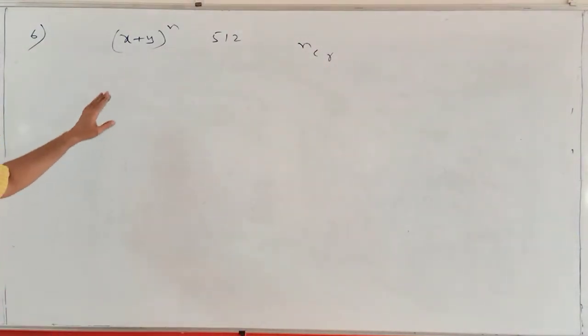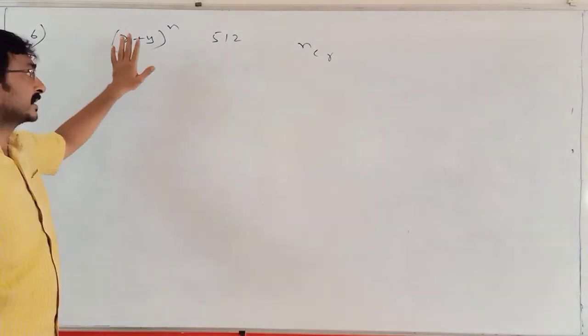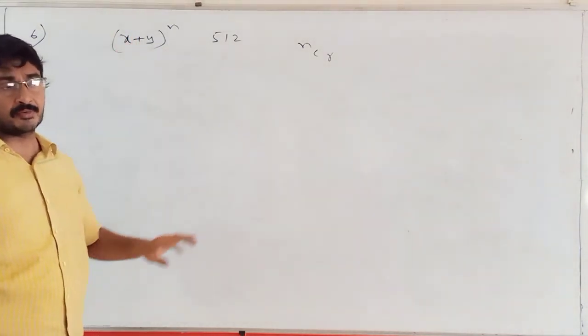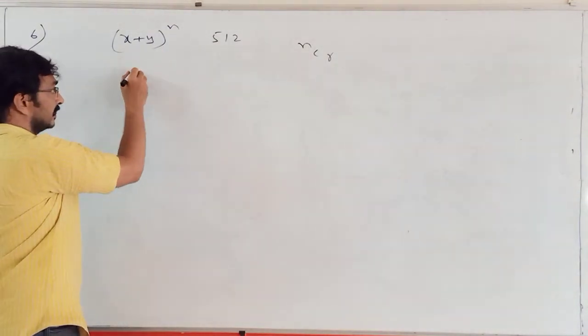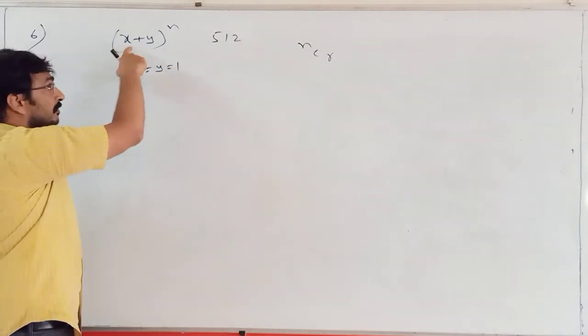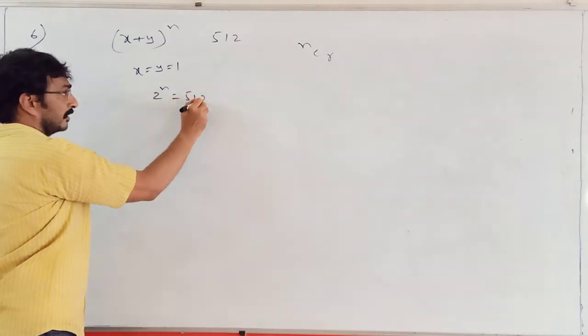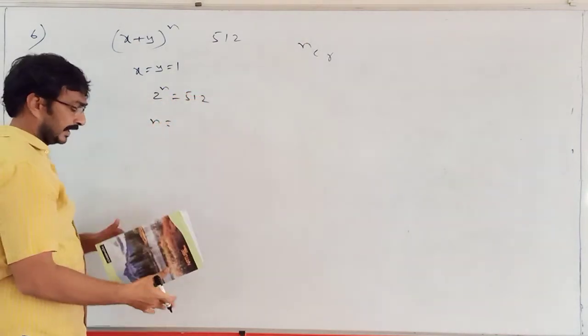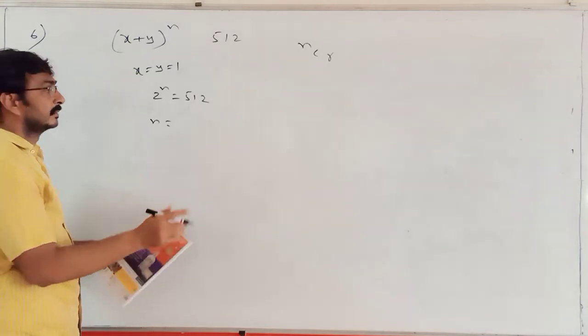Given that the sum of all the coefficients in this expansion is 512, from our procedure the sum of all the coefficients is obtained by keeping x equal to y equal to 1. So 1 plus 1, 2 power n. 2^n equal to 512 means the value of n is 9.